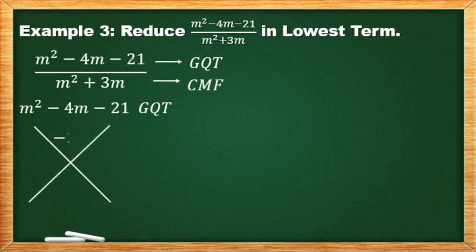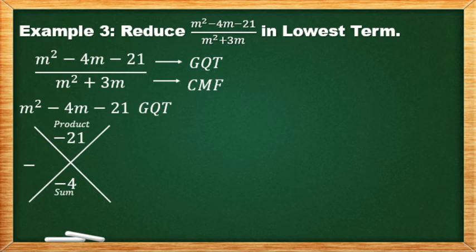If you multiply the two numbers, the product is negative 21. But if we add the two numbers, the sum is negative 4. Observe, the product is negative. It means that the two signs of the two numbers are different or hindi magkaparehas. So, dapat magkaiba.